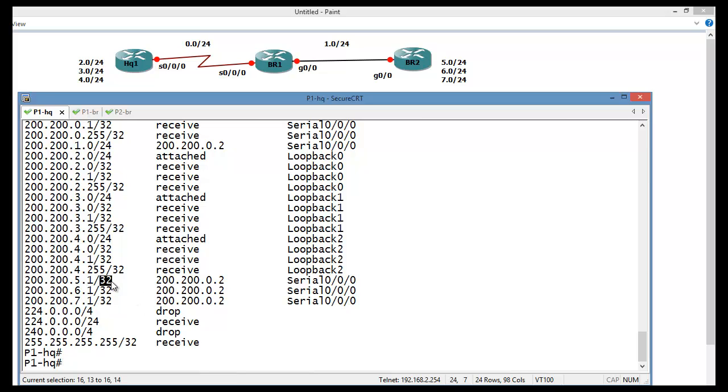They show as /32 because these are loopback addresses and I am running OSPF. Similarly, multicast needs to be dropped, and multicast originated from these with receive means directly connected to you.